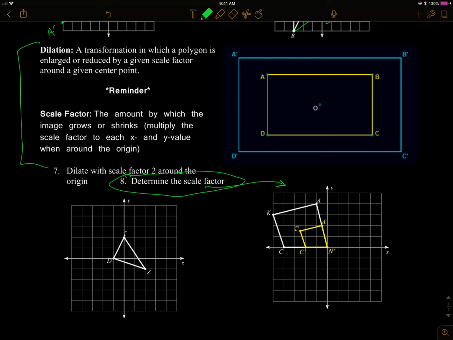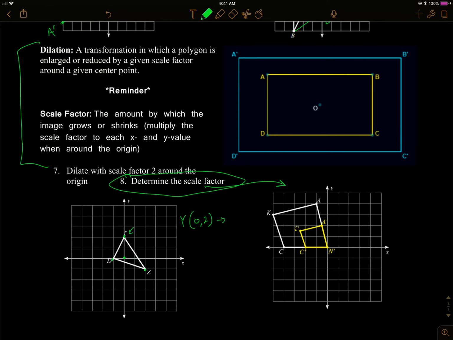So let's do 7 first. Dilate with a scale factor of 2 around the origin. Okay, so that means I'm going to take all these coordinates of these points and dilate by a scale factor of 2. So this point here, let's list them on the side. Looks like this point sort of went away. We'll call that point Y. That point is 0, 2.